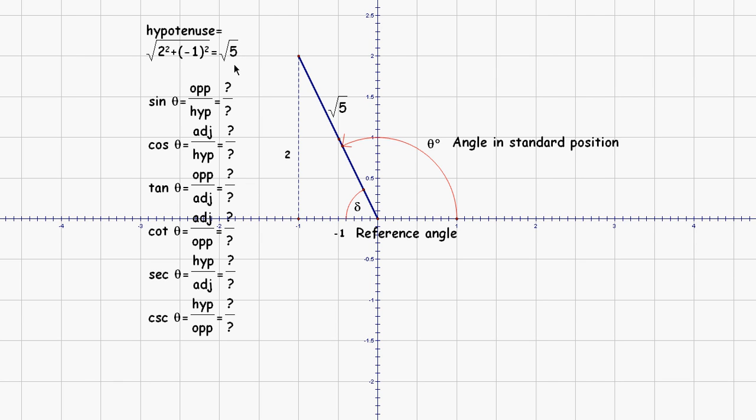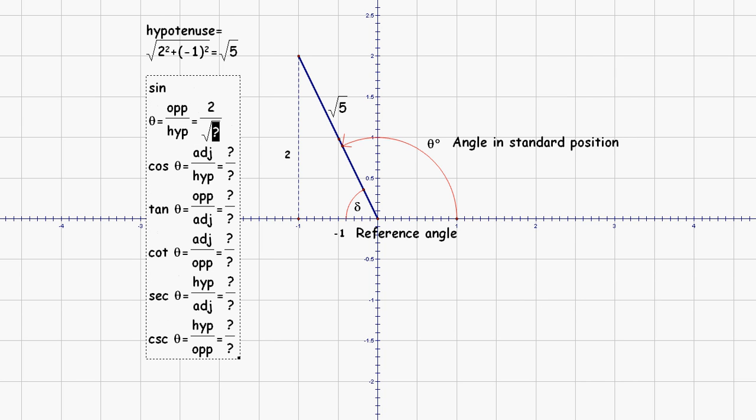So now we can go through the 6 trig functions or trig ratios. The first one being sine of theta, which is opposite over hypotenuse. Opposite is going to be 2, and this will be over the square root of 5.